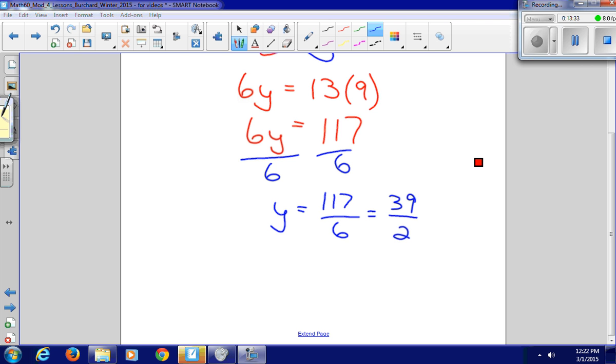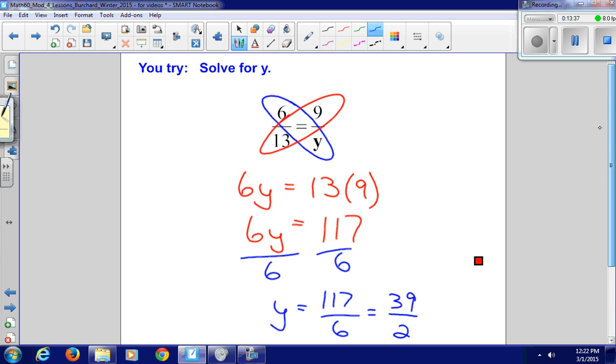Remember, the point of that was to take a proportion where we're missing something, we were missing that y, and we wanted to find it, and we had a proportional relationship, and so that allowed us to solve for y. We're going to apply that concept in the next video.